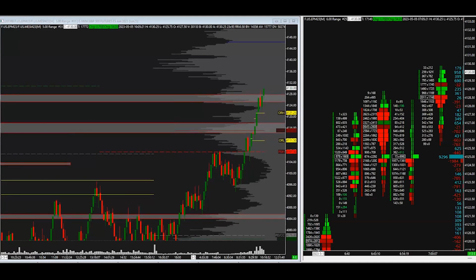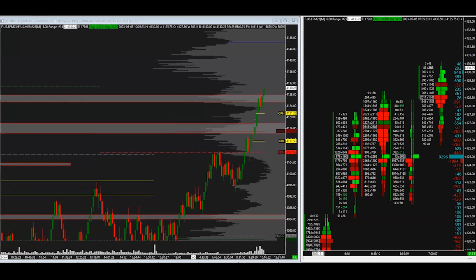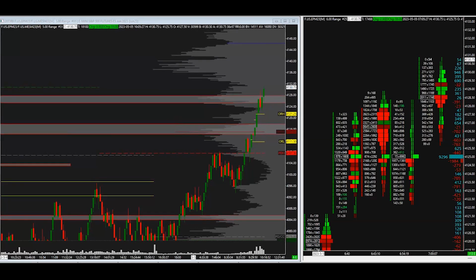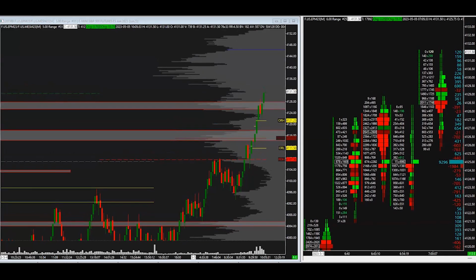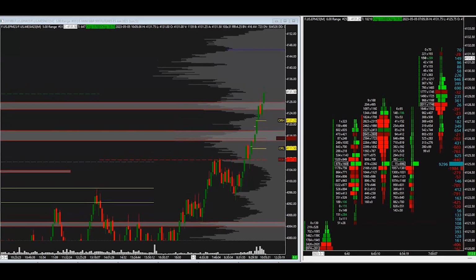Let's see here. Okay, good. Rebid a little more. I think we got him. Okay, there we go. Trimmed 31 half here.